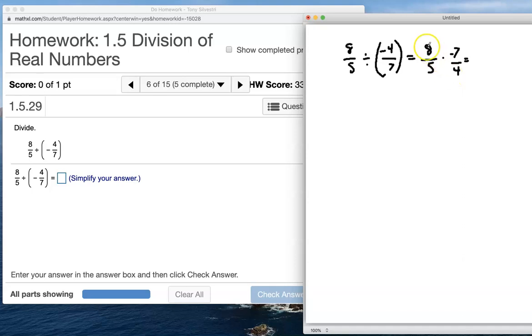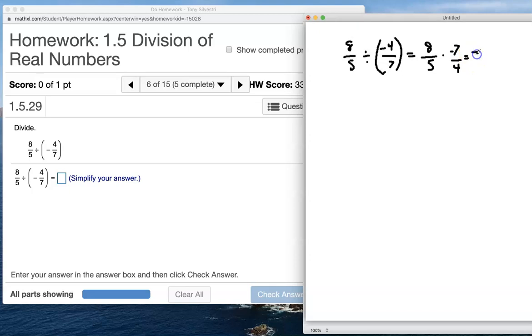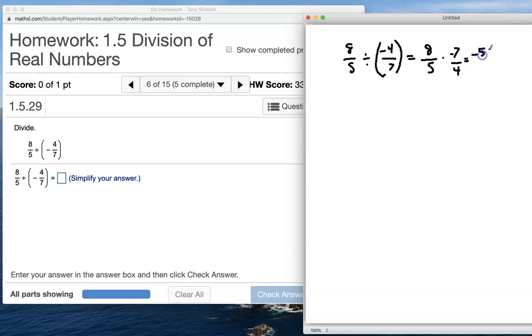Now, you could multiply the tops and multiply the bottoms. Negative 56 divided by 20, which is not good because we could simplify that. I think we can divide the top and bottom by 4 to get 5 on the bottom. And if I divide that by 4, I get negative 14 as your answer.